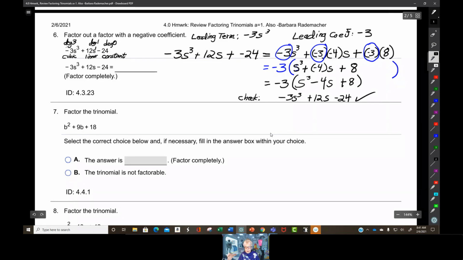So that checks out. So this is going to be the answer I write in the answer box. -3 parentheses, s to the third minus 4s plus 8.